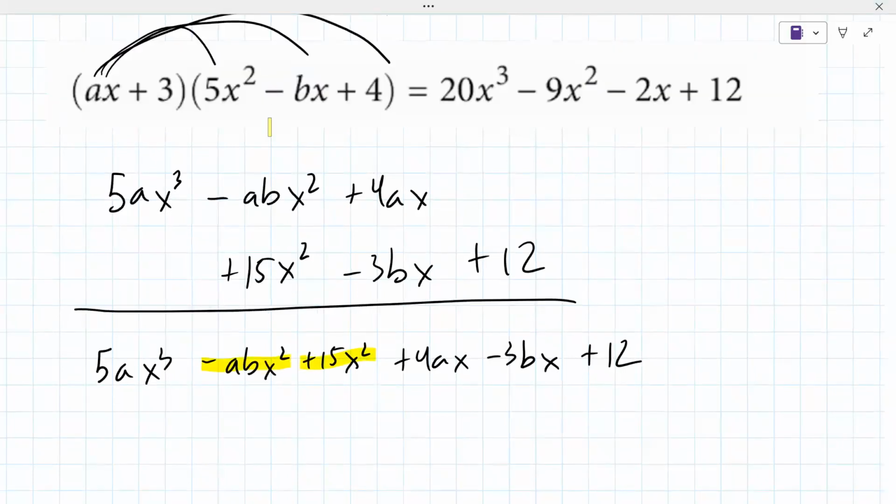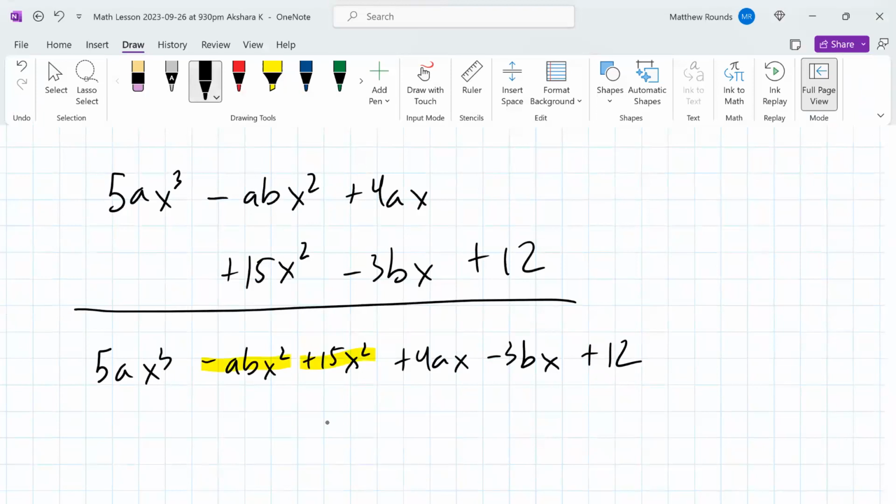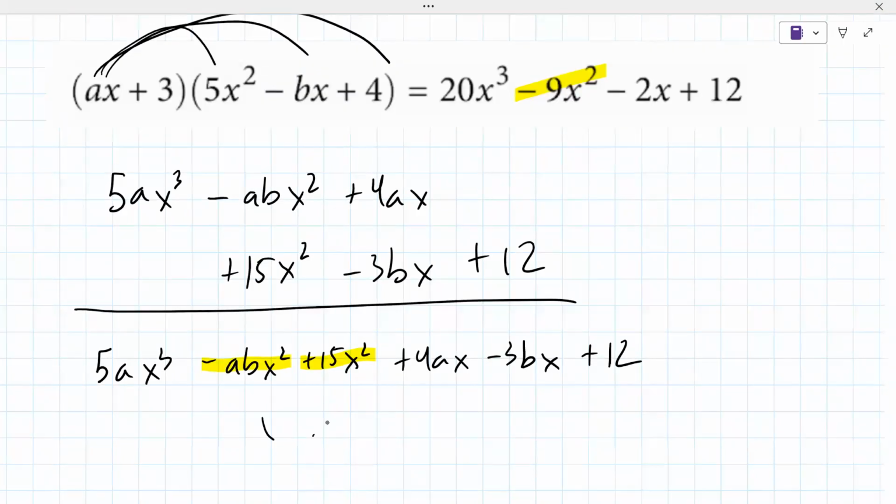And there's an x squared term on the other side of the equal sign. So you set the terms with x squared equal to each other. I flipped them so that it looked a little nicer, but it's 15 minus AB. They both have an x squared equals minus 9. Like these are the x squared terms.